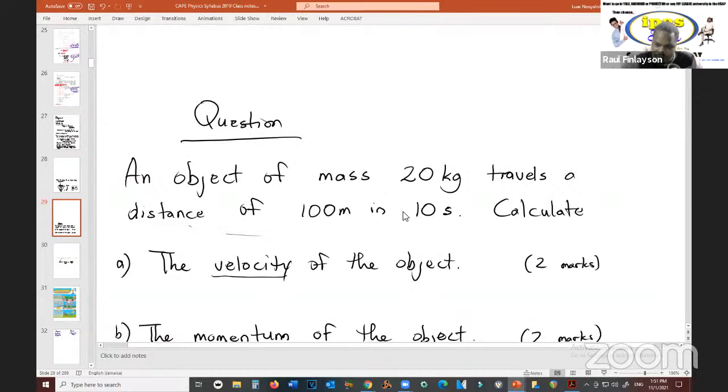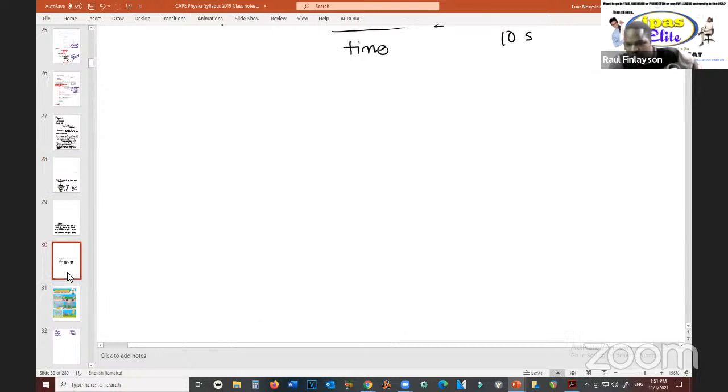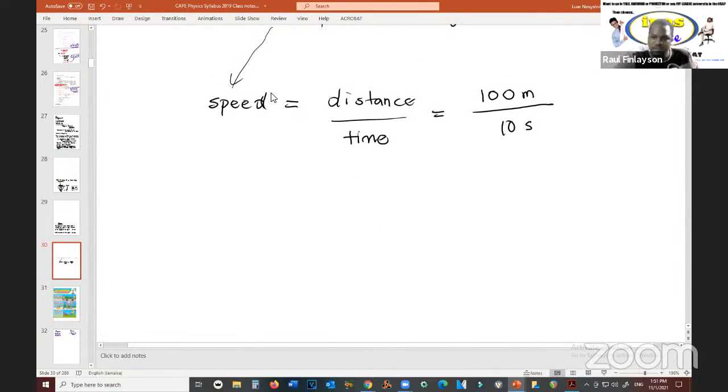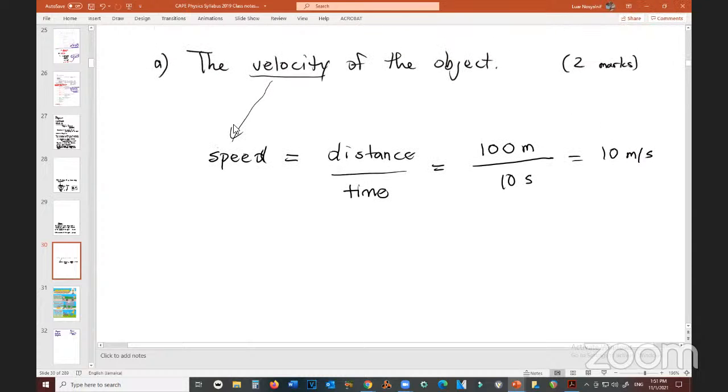This is distance. This is time. And all you simply do is put it in the formula: speed equals distance over time. 100 over 10 is 10. Simple as that. So the speed is 10. Everybody see that? Yes, sir.